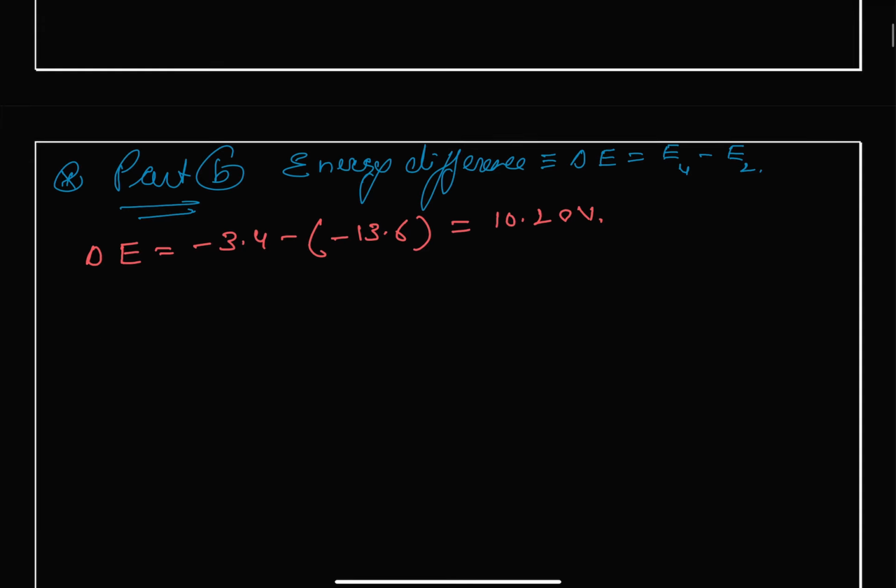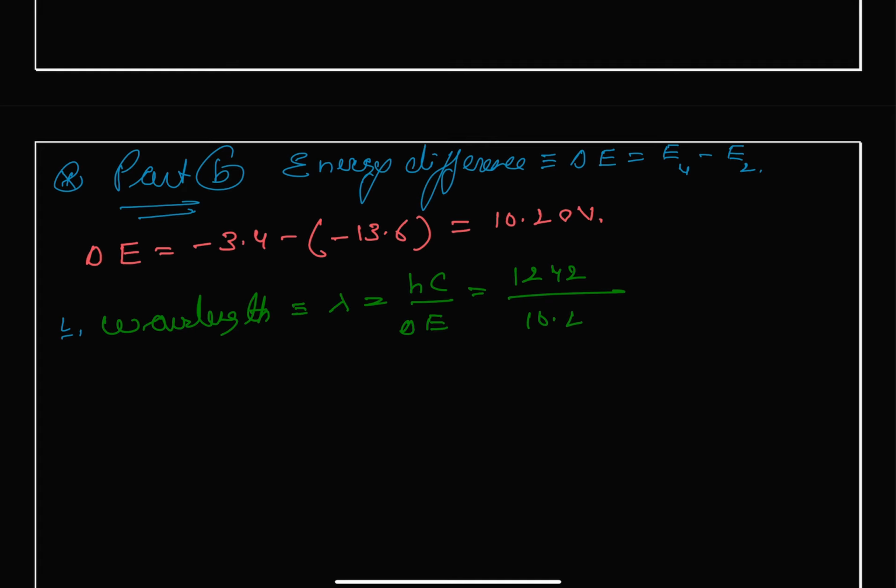From here we can quite easily find out the wavelength. The wavelength lambda will be equal to hc upon delta E. We can write hc in electron volt units as 1242, and here we have 10.2 electron volt.